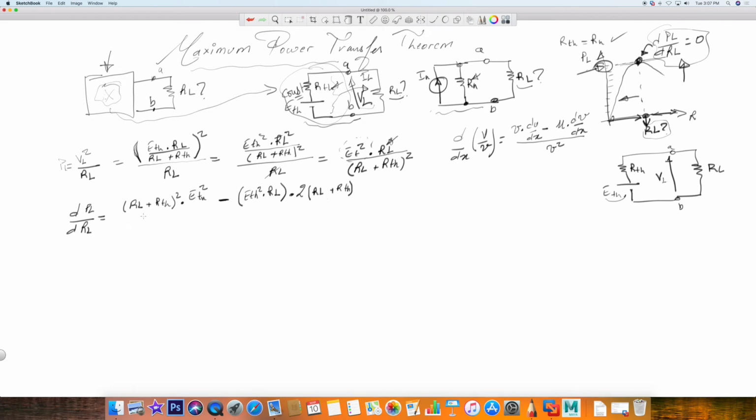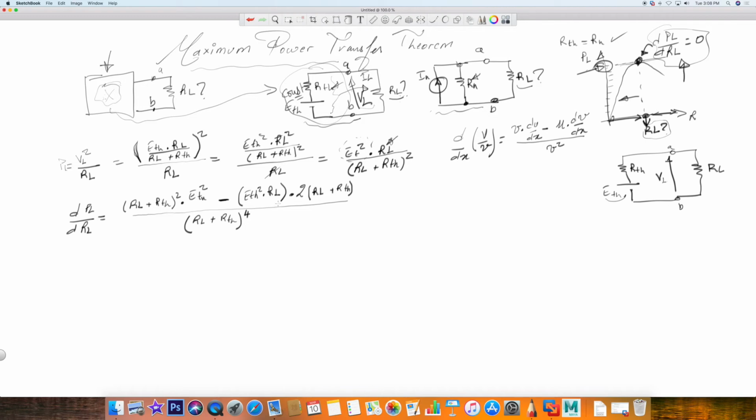Now the denominator, v squared, would be RL plus RTH to the 4th.